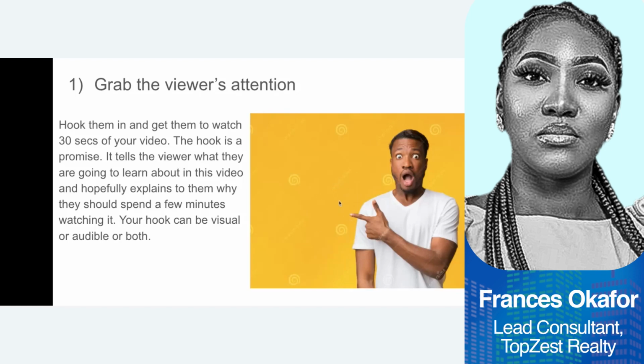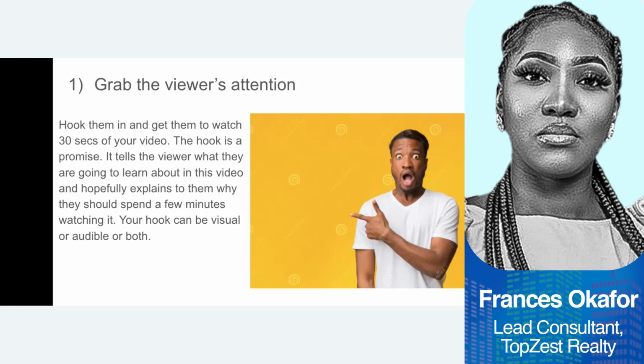So you use something that is eye-catchy, you hook them. You have to hook your viewers first and give them something to watch, like 30 seconds of your video. And then this hook is a promise. You're trying to tell the viewer what exactly they are going to learn about in the video that you are showing to them, and hopefully explain to them why they should spend a few minutes watching it.